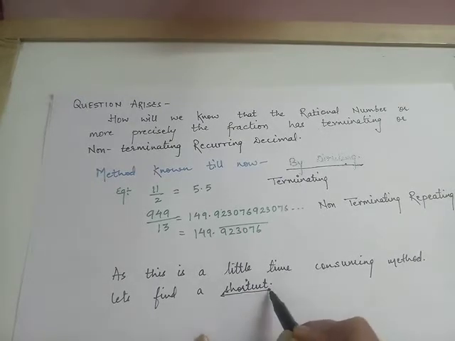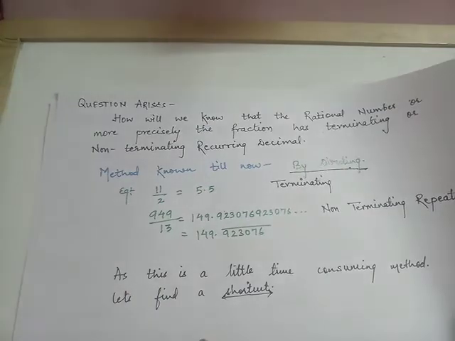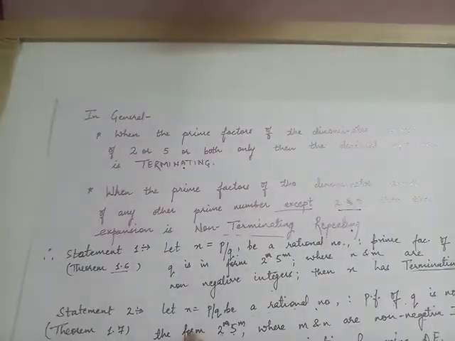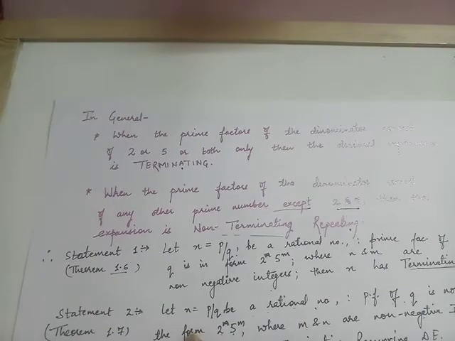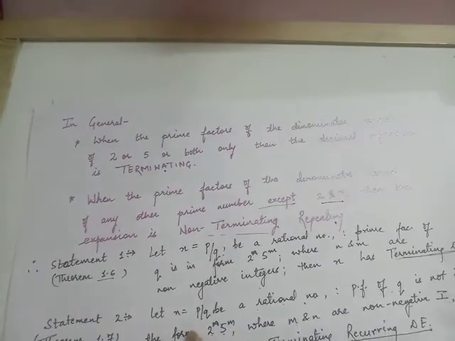So today we will find out a shortcut to tell how a given fraction will have a terminating decimal expansion or a non-terminating repeating decimal expansion. Okay. Now for this, let us take a few examples.